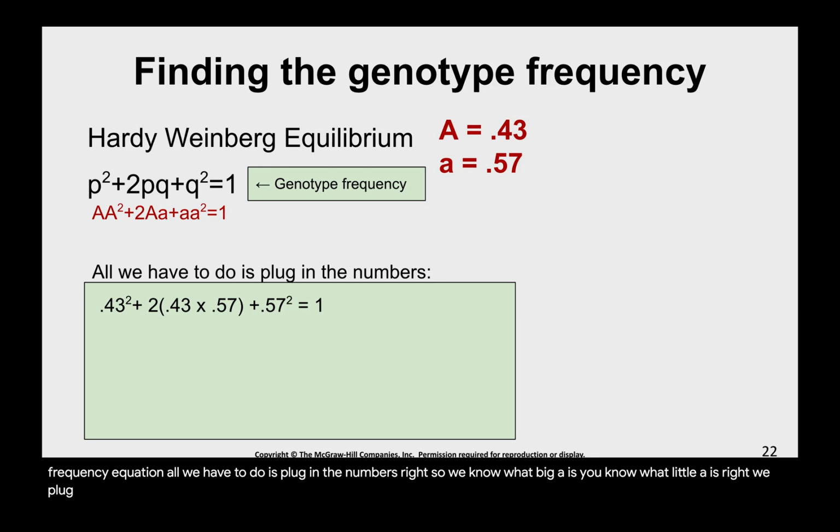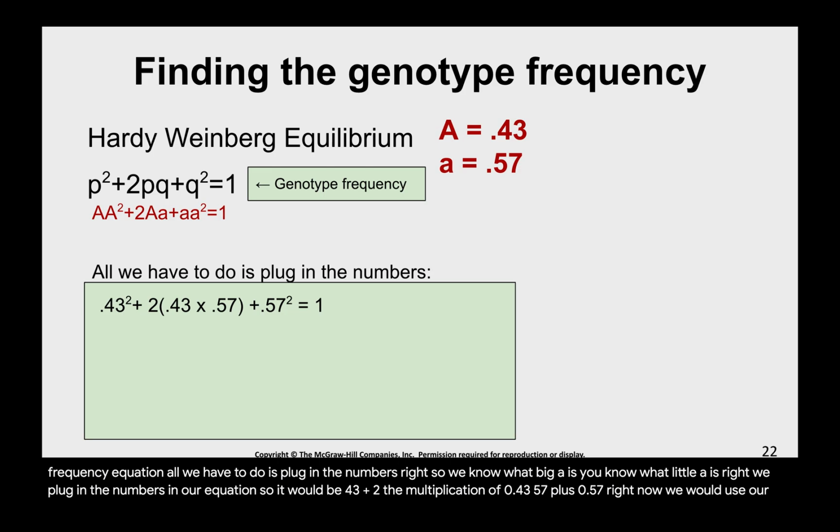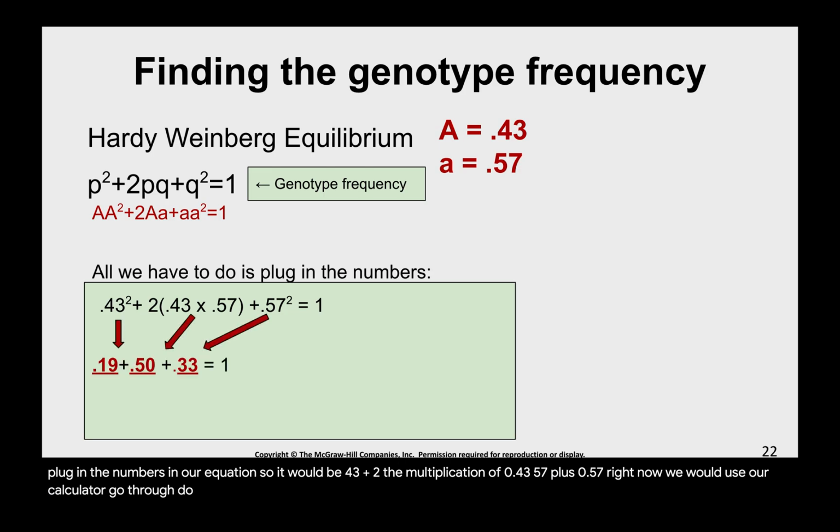So it would be 0.43 squared plus 2 times 0.43 times 0.57 plus 0.57 squared. Now we would use our calculator and do the math. If I simplified it all down, I would get 0.19 plus 0.50 plus 0.33.